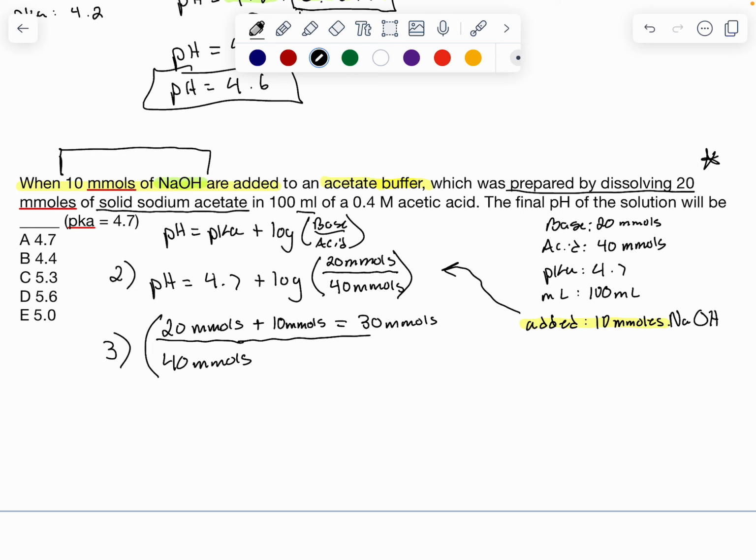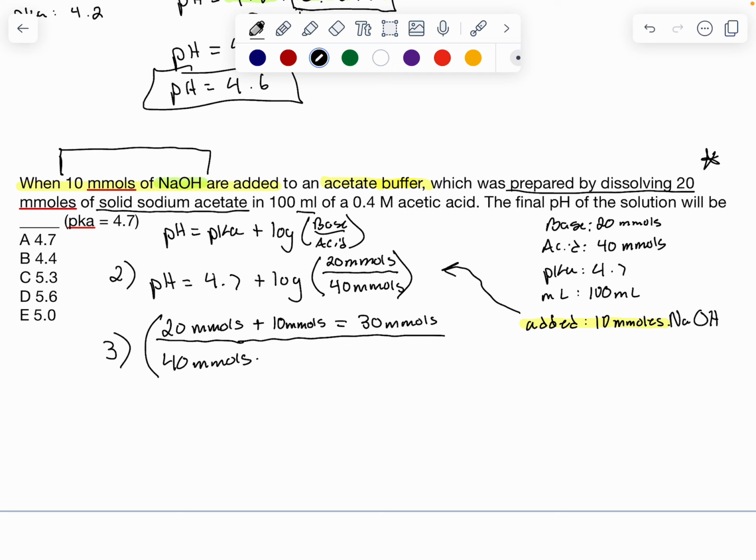But if we add a base to an acid, the base and the acid are just going to start combining with each other, and the base is going to start taking away from the acid. So when you are adding a base to a base, you can add them together and get a higher value. But if you're adding a base to an acid, you have to subtract that amount from the acidic component.